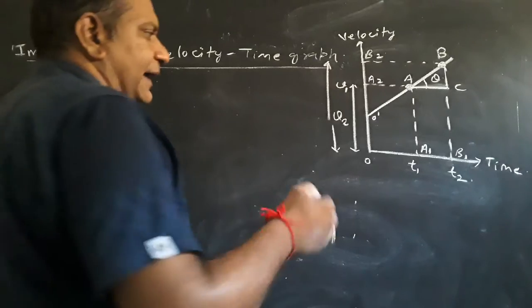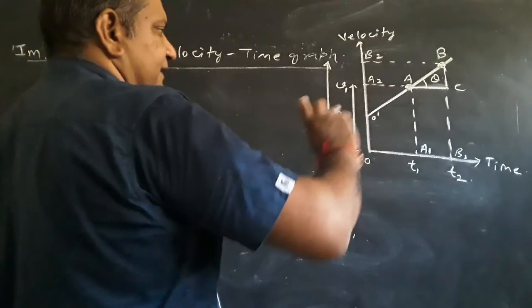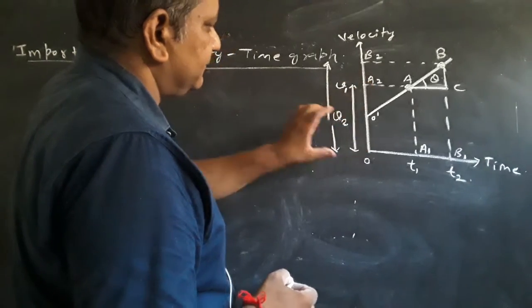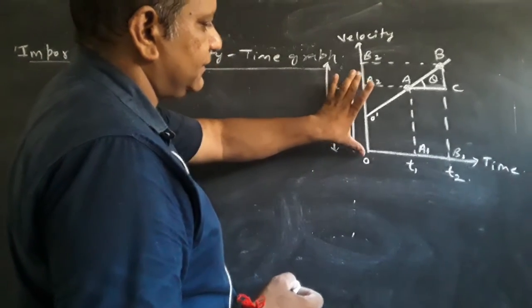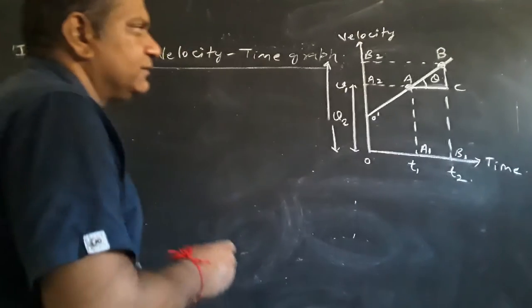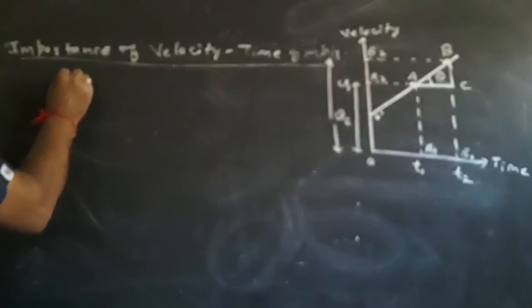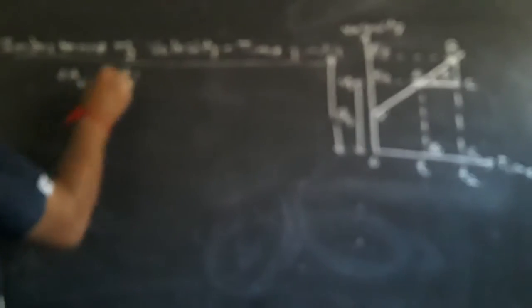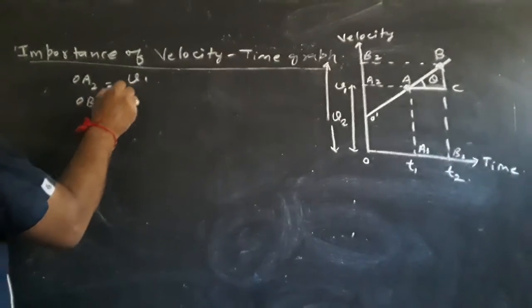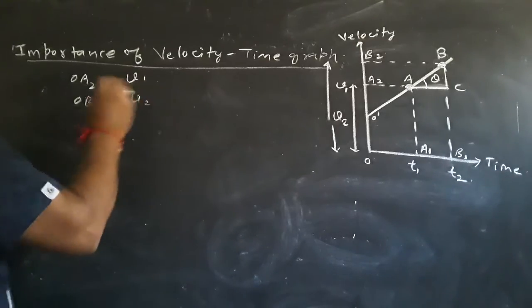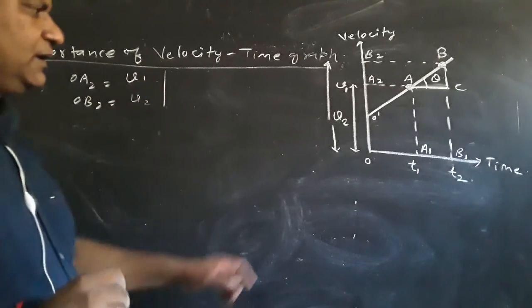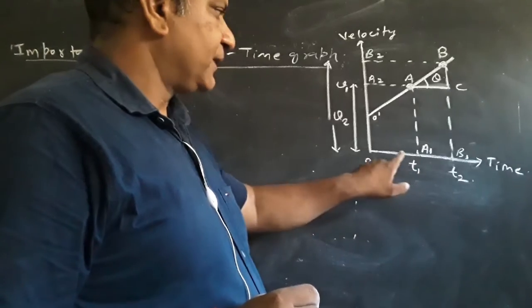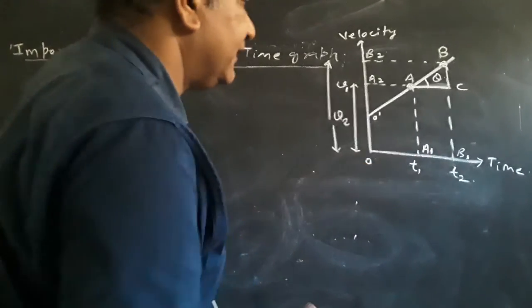According to this graph, OA2 is equal to v1 and OB2 is equal to v2. Similarly, the time taken OA1 is t1 and OB1 is t2.